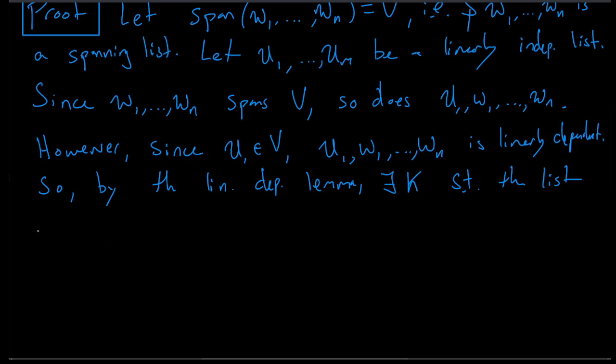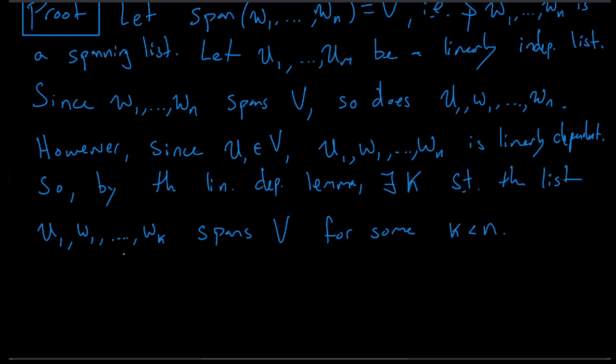Here's how I'll say it: such that U1, W1, up to Wk spans V for some k strictly less than n.